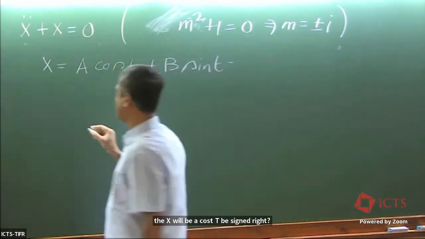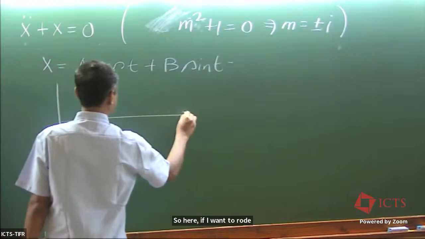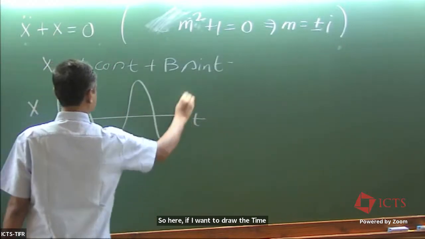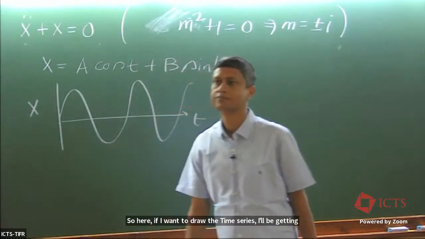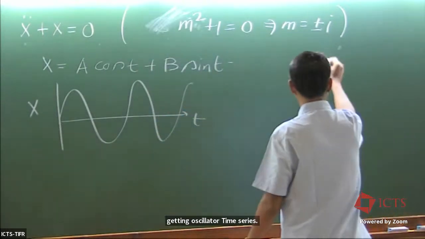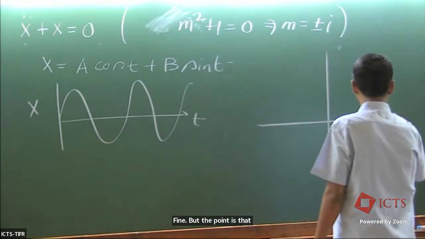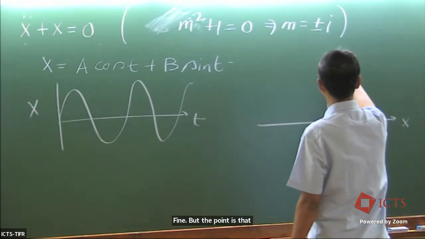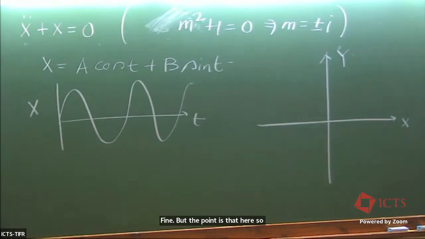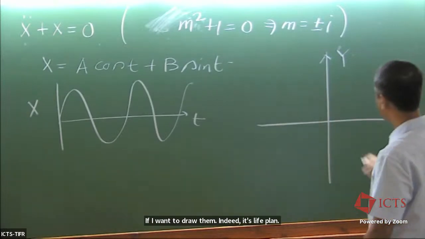So here, if I want to draw the time series, I'll be getting our oscillatory time series. Fine. But the point is that if I want to draw them in the xy plane, what am I supposed to see?